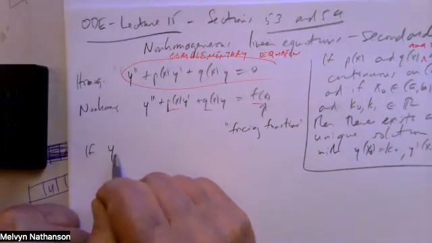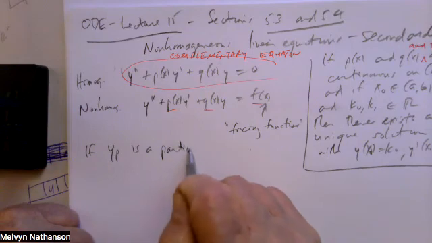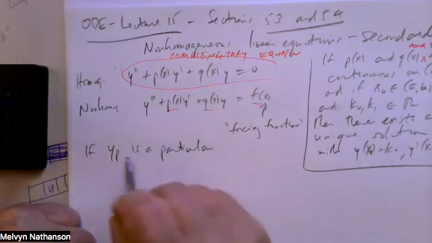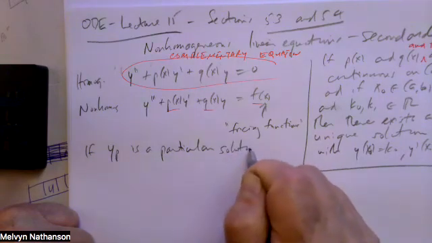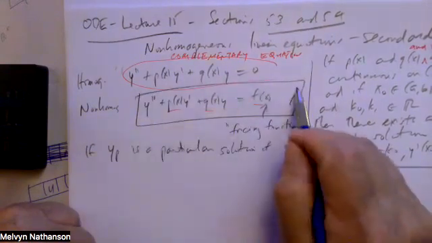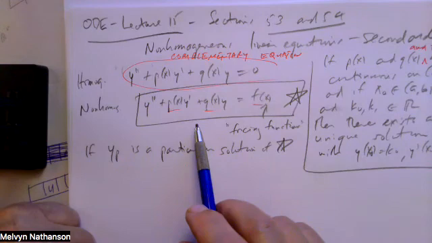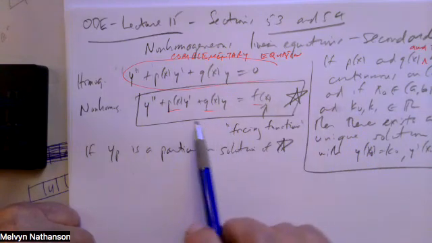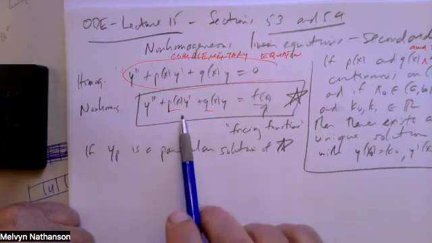If y sub p is a particular solution, so the p stands for particular, of my equation star. So this is just some solution, any solution, a non-trivial solution.